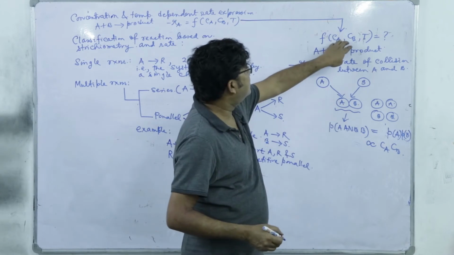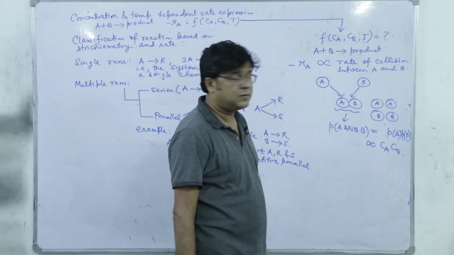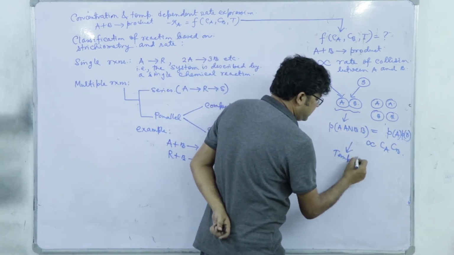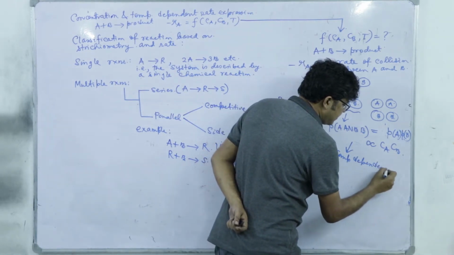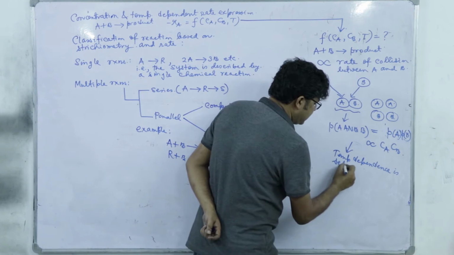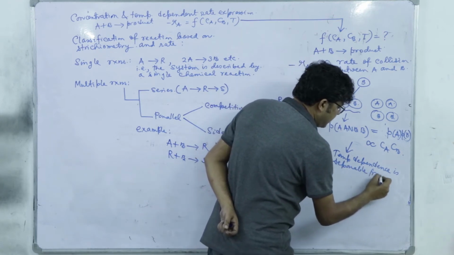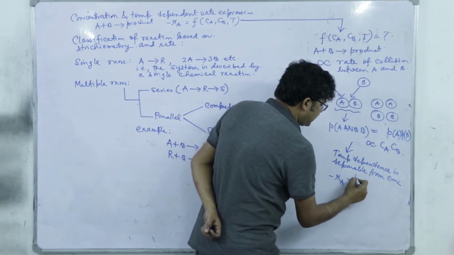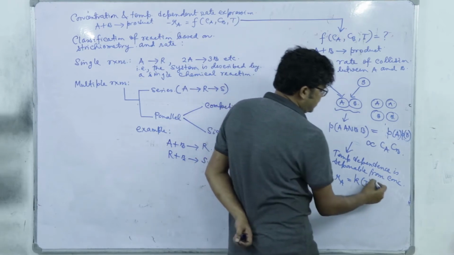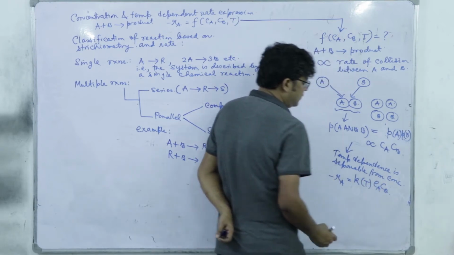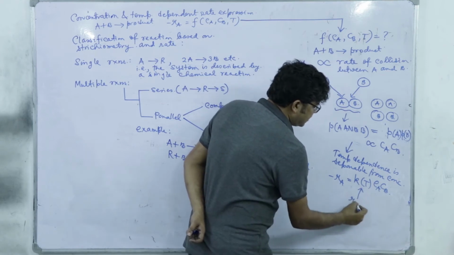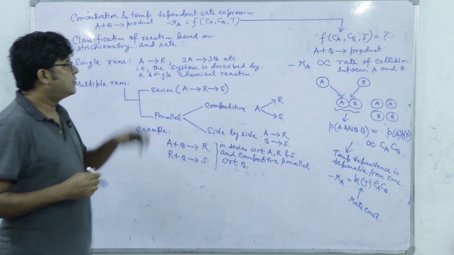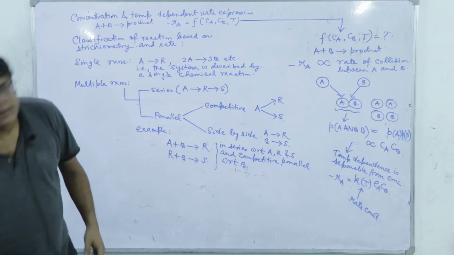So this functional expression must include a term CA into CB, and temperature dependence is separable from concentration. So you can write that minus RA is some constant or a function dependent on temperature into CA into CB, and this we call rate constant, right.